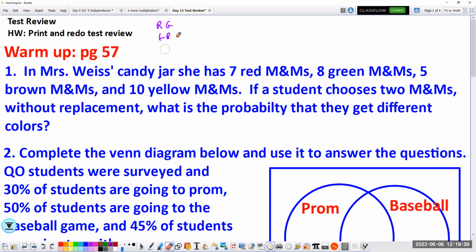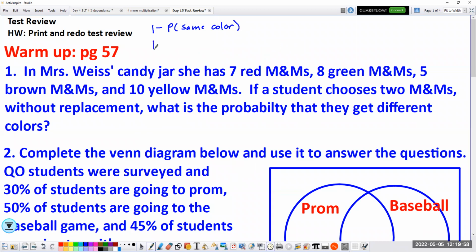Really what we're going to do is consider what's not allowed, what we don't want. We want different colors, so we don't want the same colors. If we find the complement of the probability of getting the same color, then we will have the probability of getting different colors.